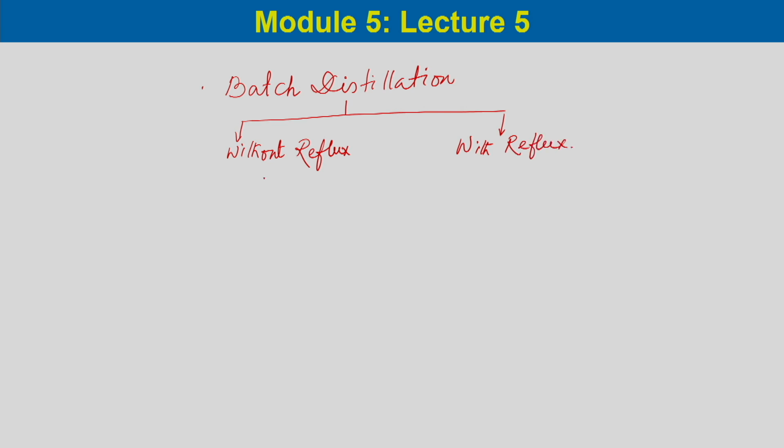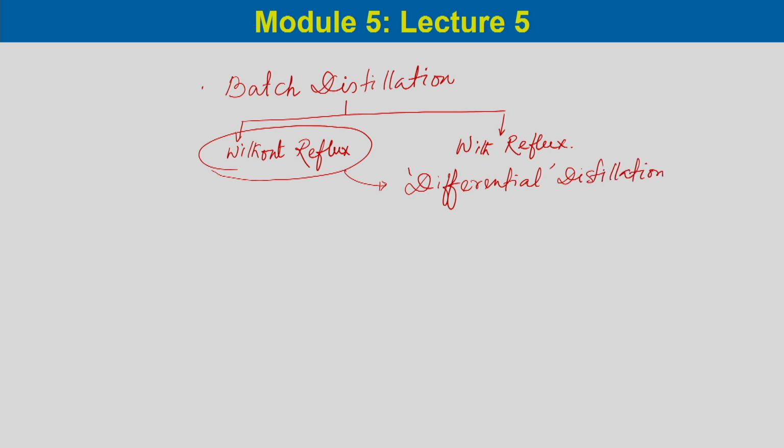So, we have considered in our previous lecture only batch distillation without reflux, which is also termed as differential distillation. And this batch distillation has huge applications as we have discussed, and we have solved how to calculate the different compositions in case of batch distillation.